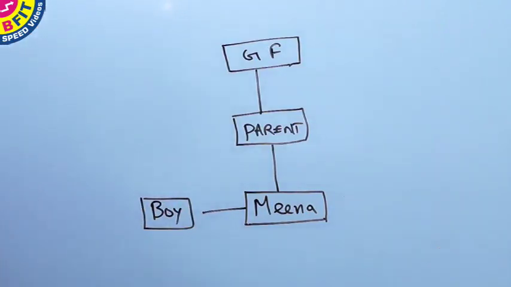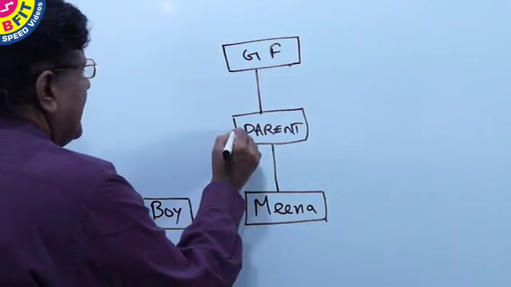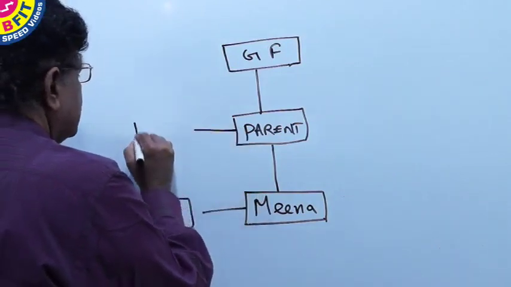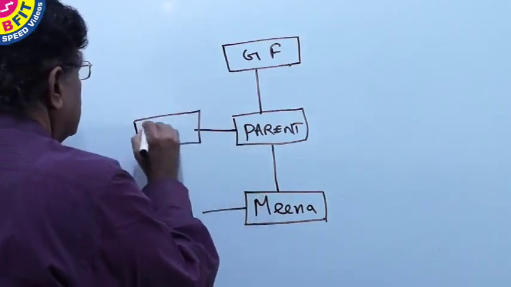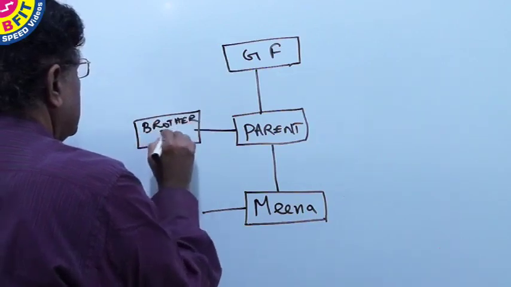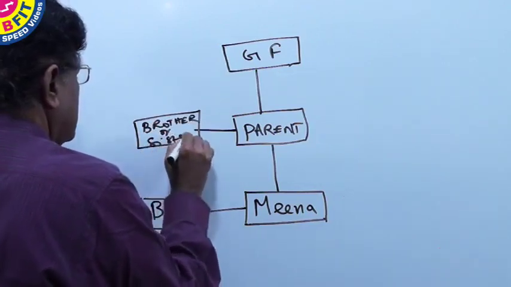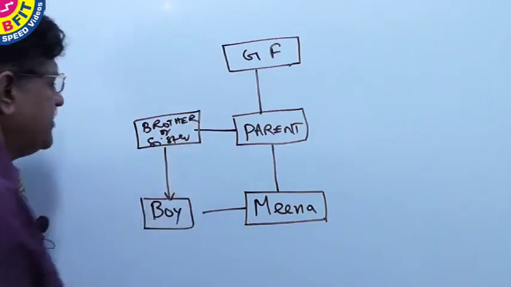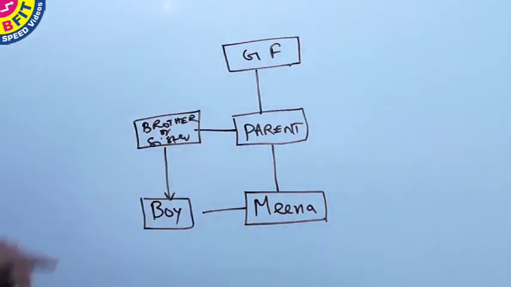But then we should not conclude here, because there is also another possibility. Suppose the parent has got a brother or sister. And the boy happens to be their son.